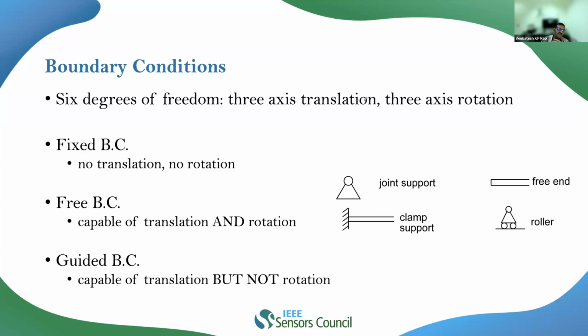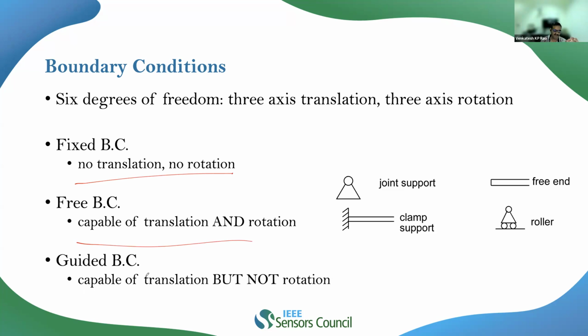There are several boundary conditions you can get. As we know, for any given boundary conditions, we have 6 degrees of freedom, 3 translations and 3 rotations, right? So if it's a fixed condition, then it is 0 translations, 0 rotations. On the free end, it is capable of undergoing both translations and rotations.